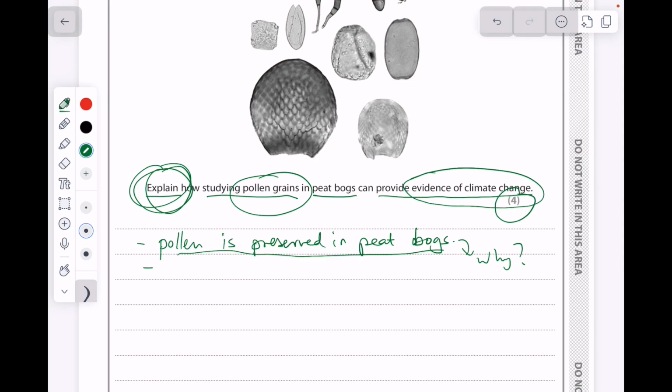It's preserved because of the anaerobic, acidic conditions. So it's preserved over a long period of time because the conditions in the peat bog are anaerobic, acidic.